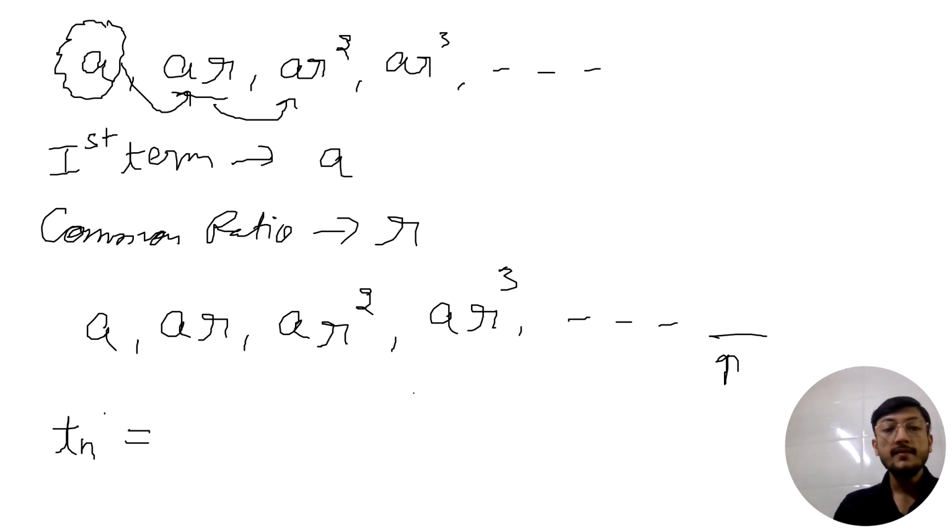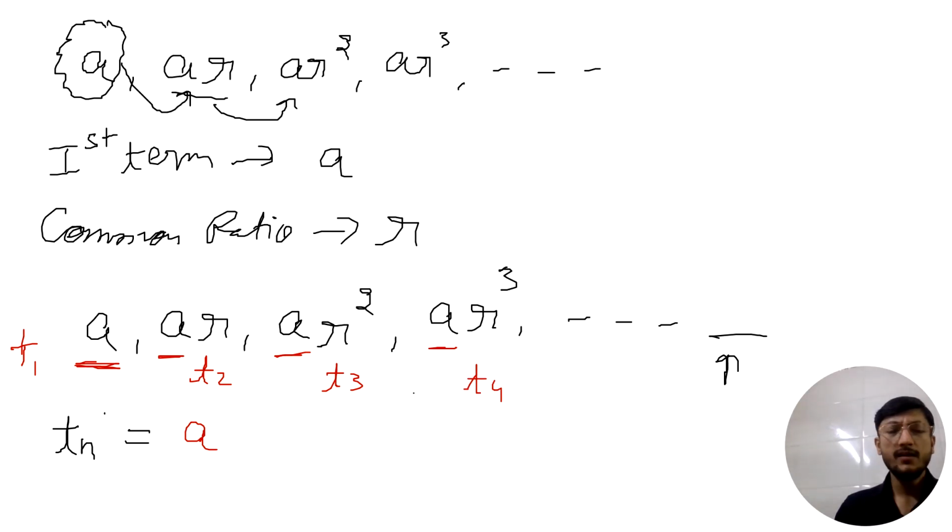Let me change color. A is present everywhere: A is here, A is here, A is here, so A is obviously present in the last term, so I write A here. Now come to the point R. This one is term 1, T1, this one is T2, this one is T3, and this one is T4.